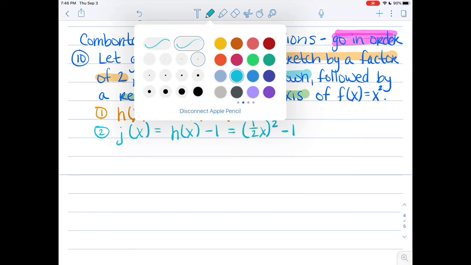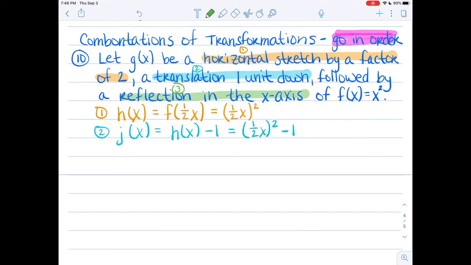Finally, we are down to our last transformation, transformation number 3. We will call that g of x. G of x is a reflection in the x-axis. So an x-axis reflection goes out in front, and it's going to be a reflection on our j of x function. What is our j of x function?